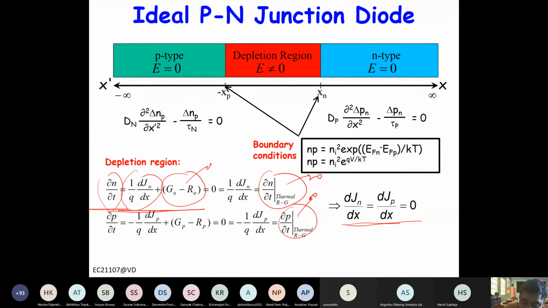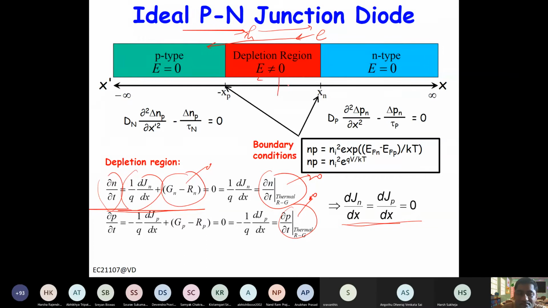That means in the depletion region, the hole and the electron that are entering here are not recombining, nor are extra electrons and holes appearing here. Whichever electron is going through is passing to the other side, and whichever hole is entering from the p side is passing to the n side. None of them are recombining, and there is no generation of electron hole pairs, so no extra electron or hole will appear here.